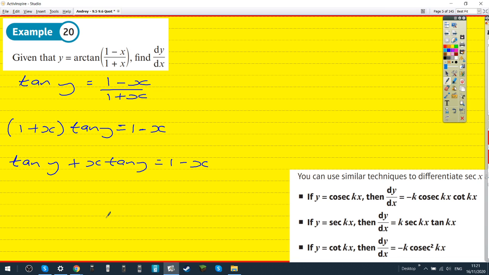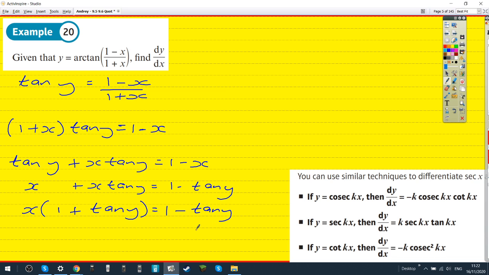Am I trying to solve for x here? Yeah, make x the subject. So x plus x tan y equals 1 minus tan y. And then I factorize out x, so x times 1 plus tan y equals 1 minus tan y, and then x equals 1 minus tan y over 1 plus tan y.